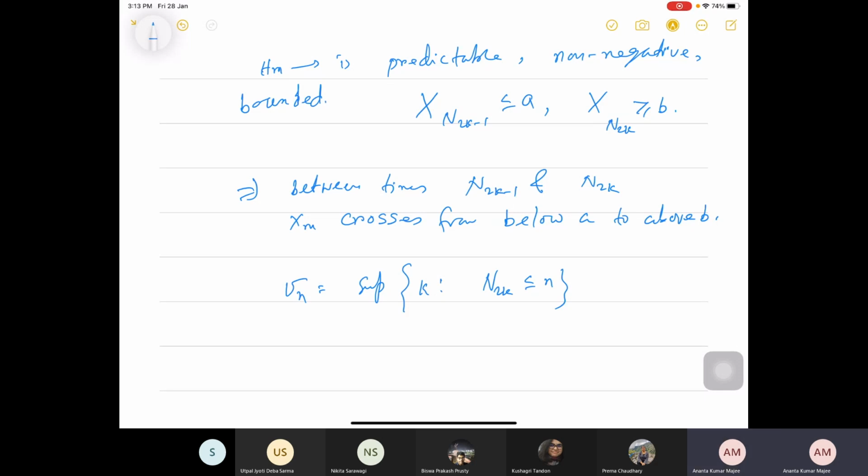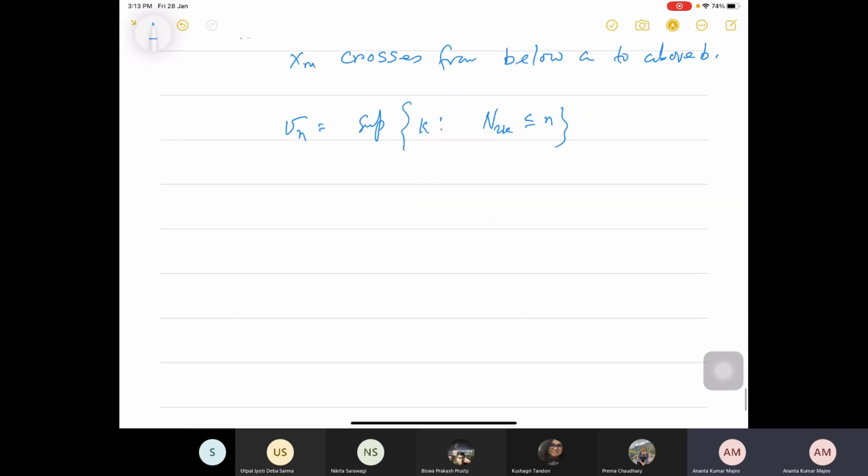Then we have this upcrossing inequality, which is given by the next lemma.